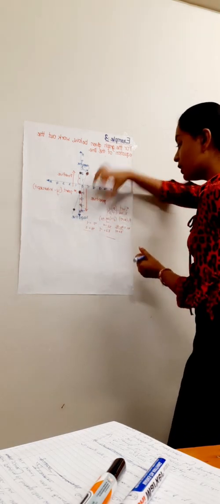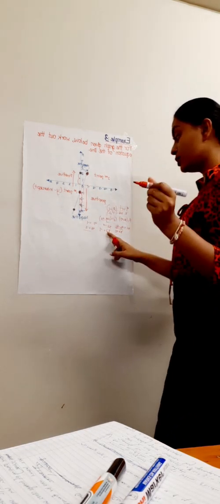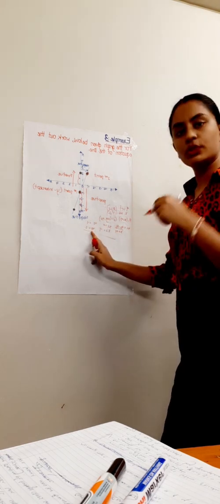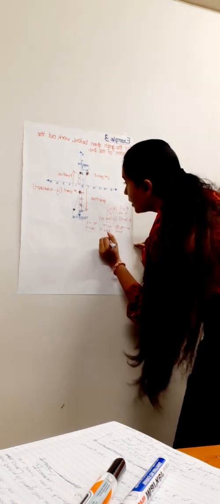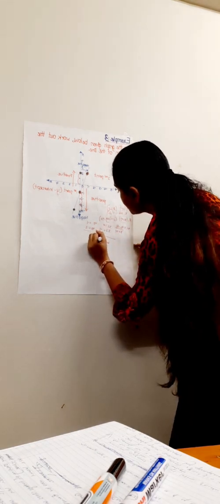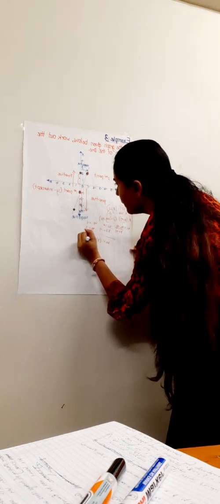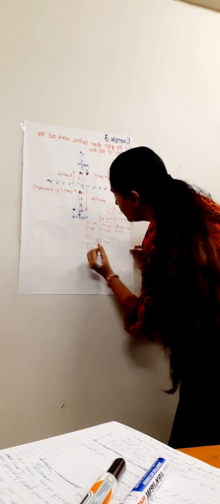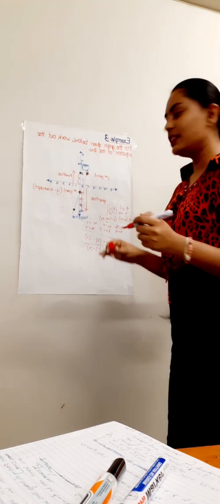So now your m equals 2 minus -1 over -1 minus 0. Please can you calculate this in your calculators?